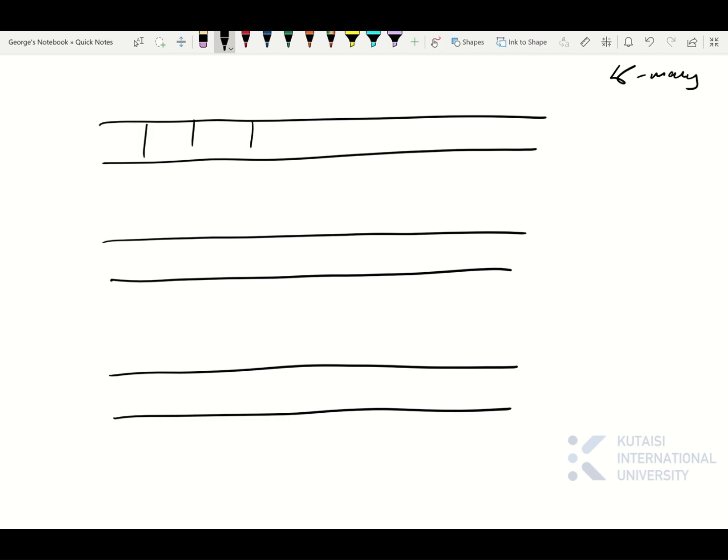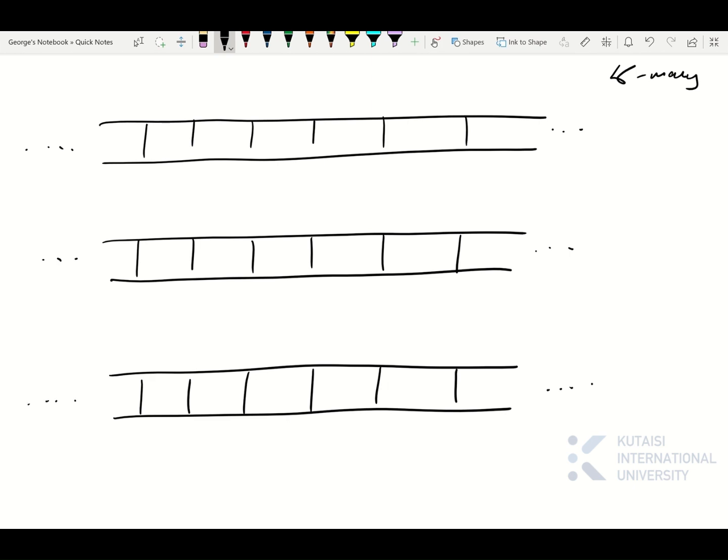Each tape has cells where something can be written. And all of the tapes are basically infinite, they go in both directions infinitely in our model.